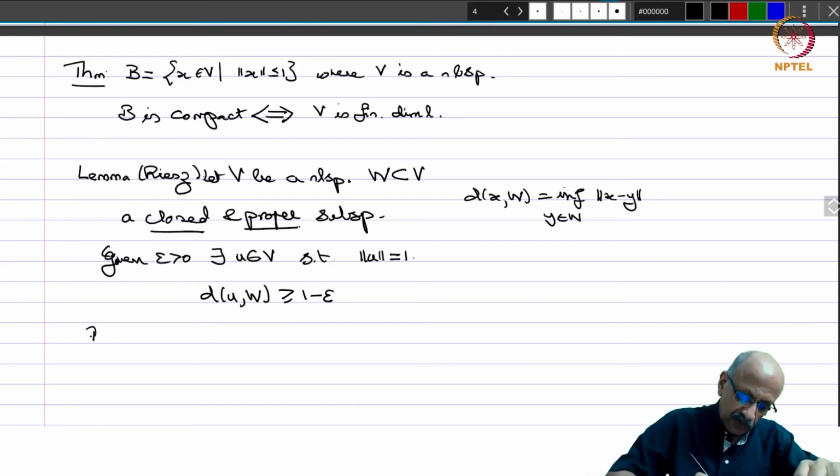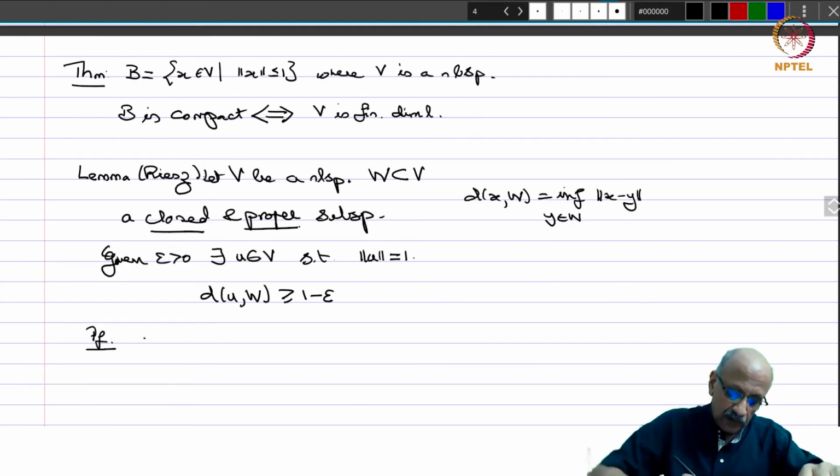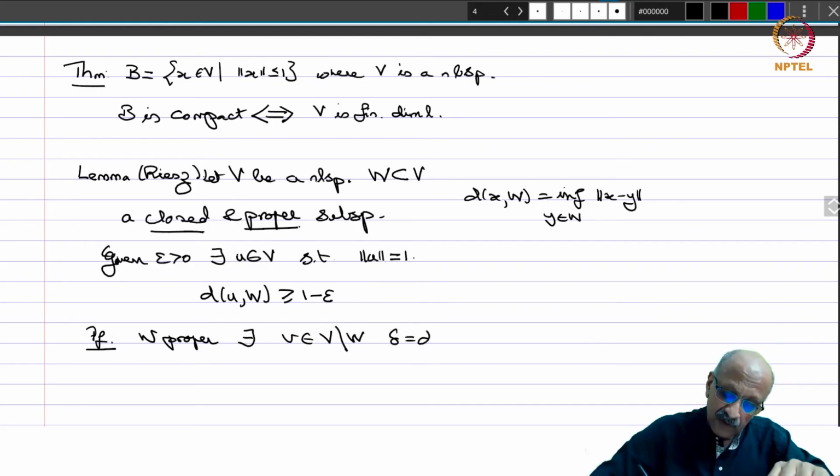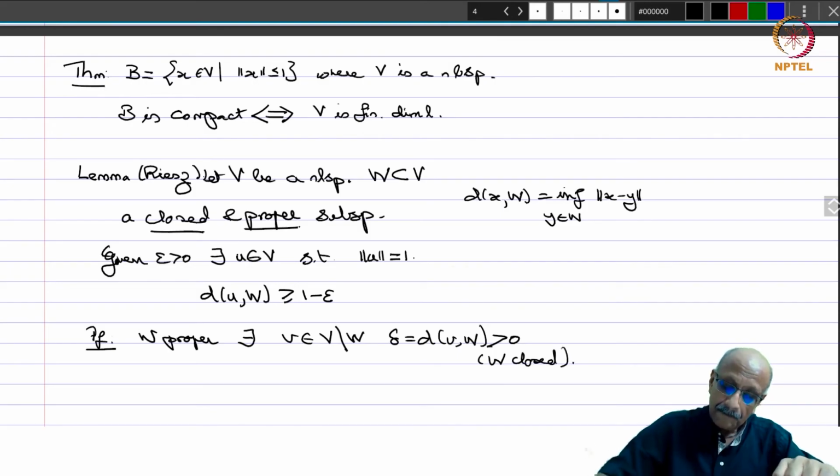So let us prove this statement first. So W is proper. So there exists a v in V minus W. And let us take delta to be the distance of v from W. W is closed. So this has to be strictly positive. So this is because W is closed. Okay.